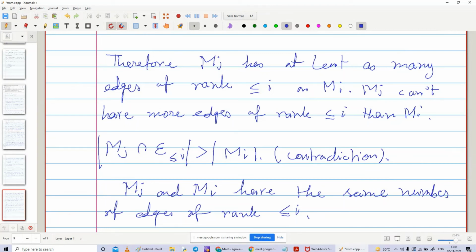That's not the case. But here what we have is Mj, we got a matching from Mi by several augmentations. So, just one moment. Mj cannot have more edges.